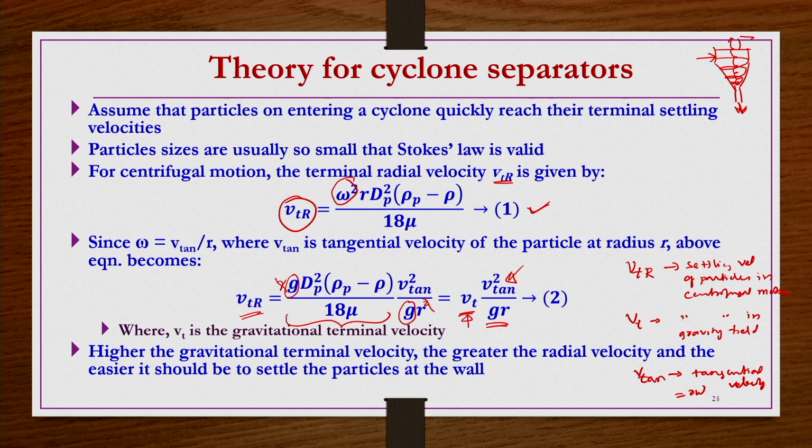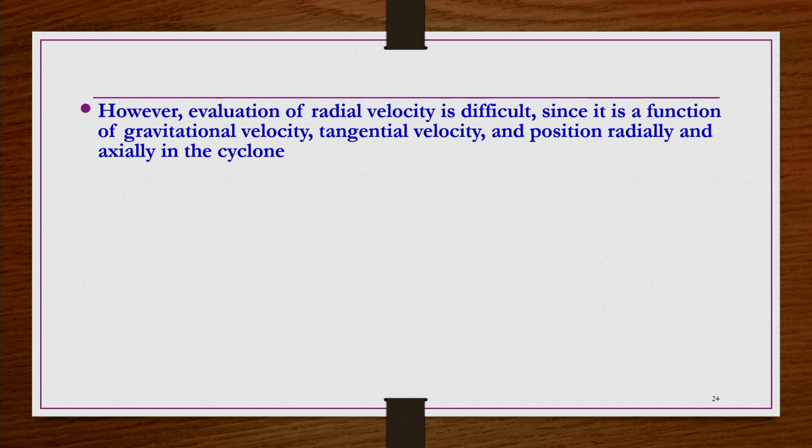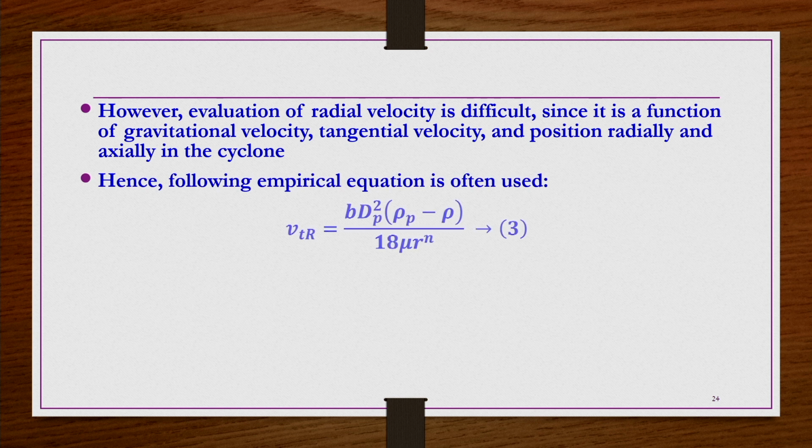Okay. But in general, getting this Vtr information directly is difficult because you need to know the tangential velocity, the gravity settling velocity, and the R position, and all those things, right. Evaluation of radial velocity, that is Vtr, is difficult because it is a function of gravitational terminal velocity, tangential velocity V tan, and radial position R, right. So, that is the reason we often use an empirical equation of this form.